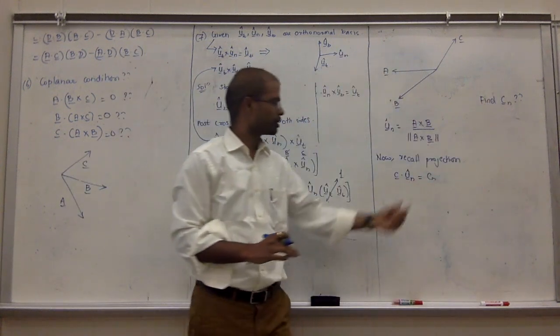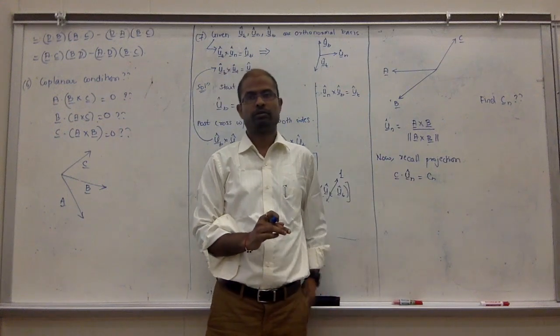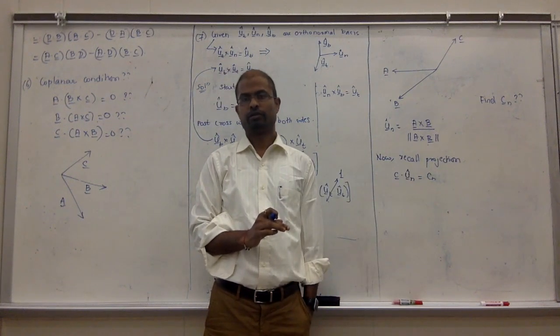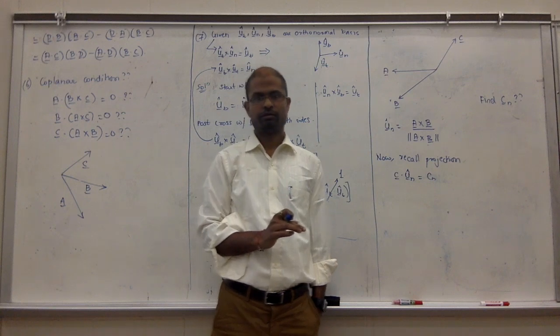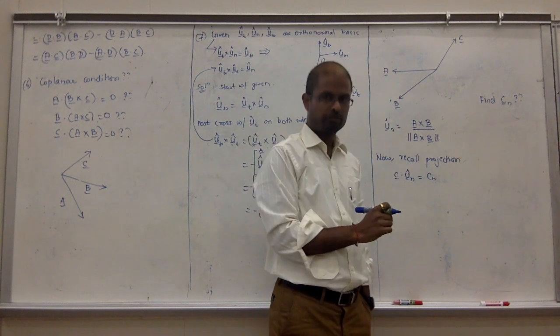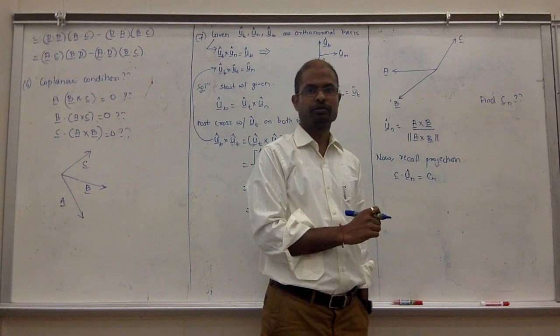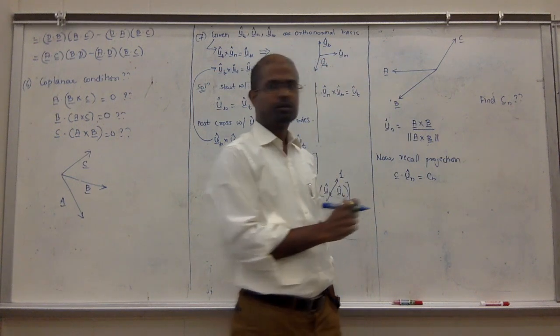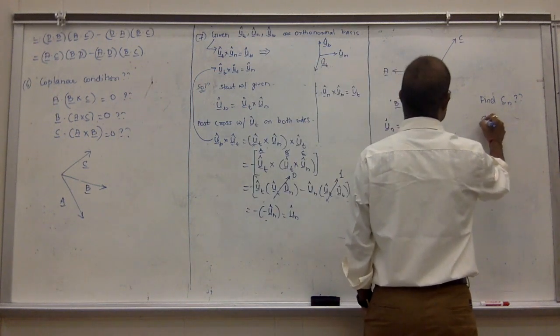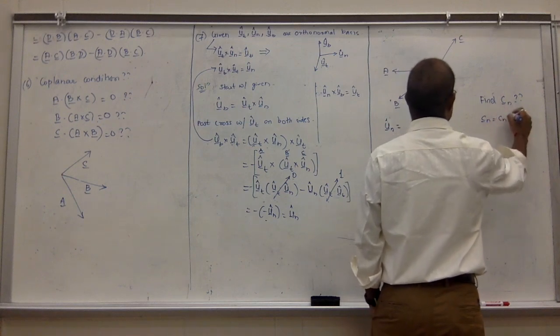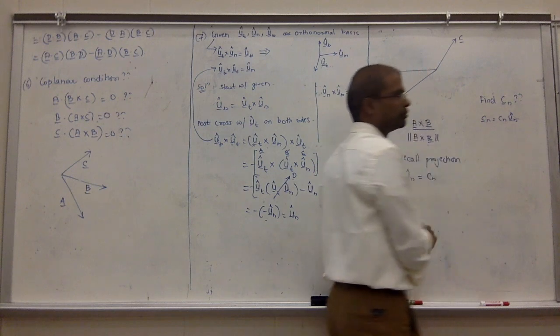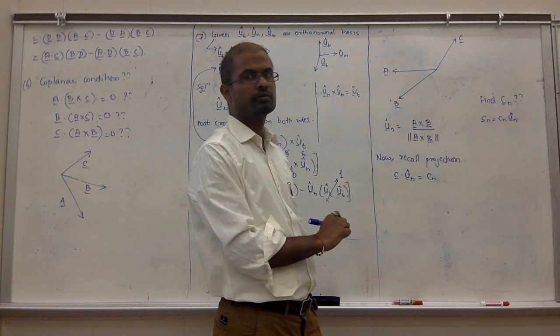You do the projection, you get the magnitude, so you need the direction. You're right, you're getting there. It's in the same direction as U_N, so you just multiply by U_N. So vector C_N is simply C_N, the magnitude, into U_N. Got it?